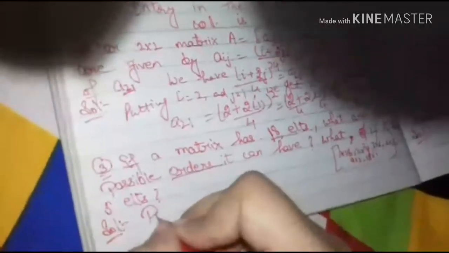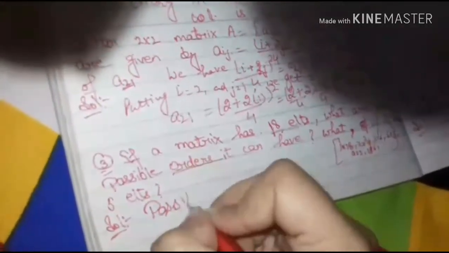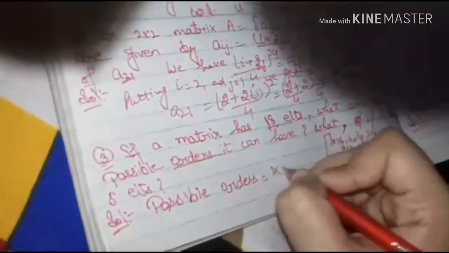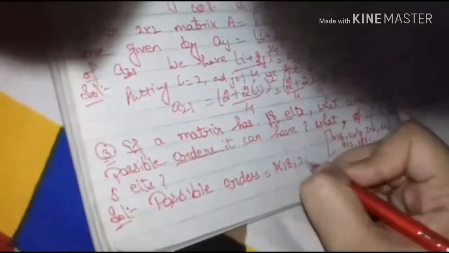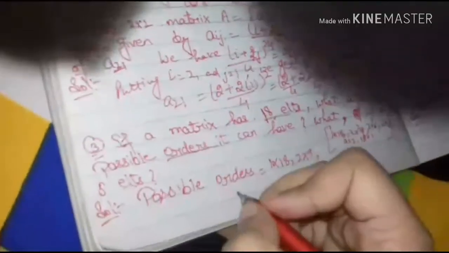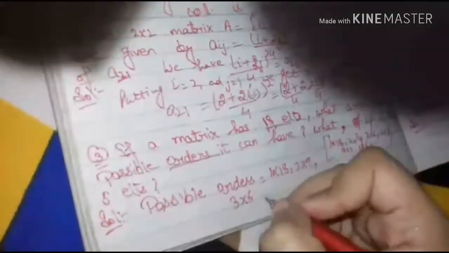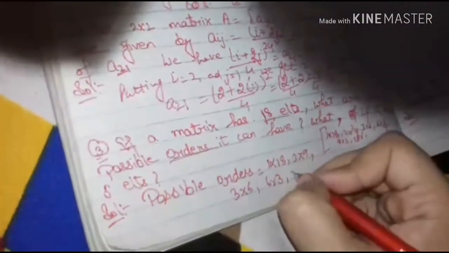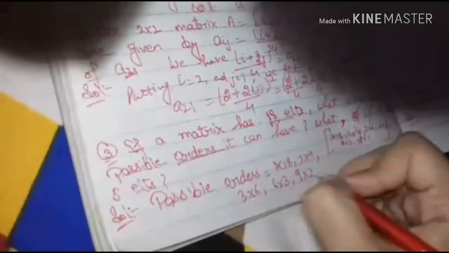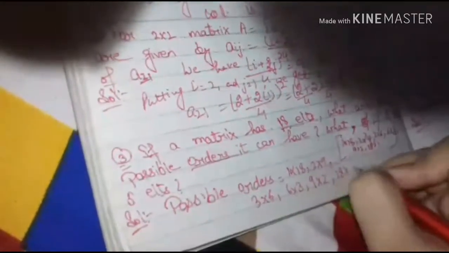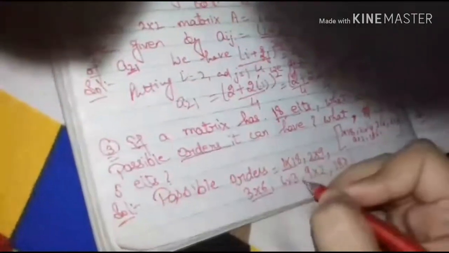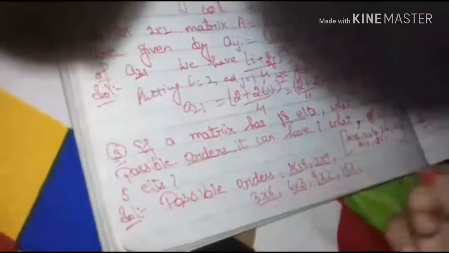So the solution is: possible orders will be equal to 1 cross 18, 2 cross 9, 3 cross 6, 6 cross 3, 9 cross 2 and 18 cross 1. And these are 1, 2, 3, 4, 5, 6.